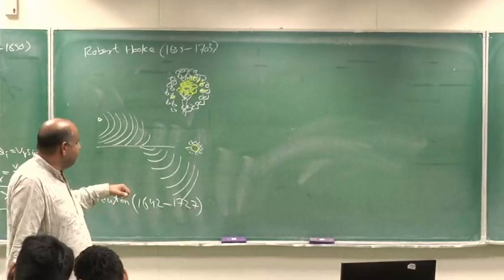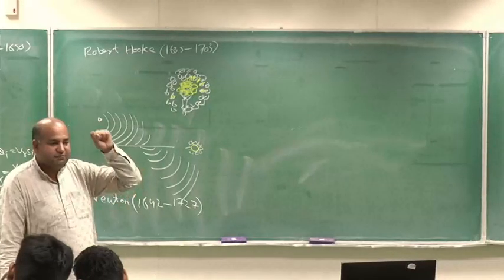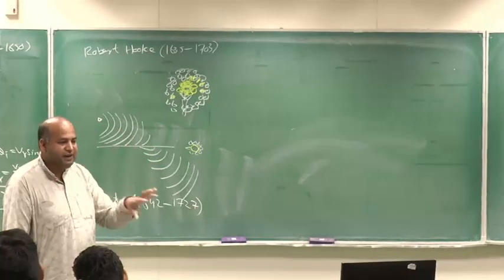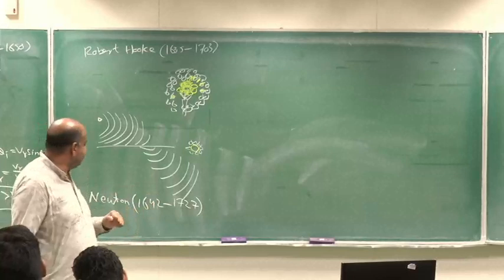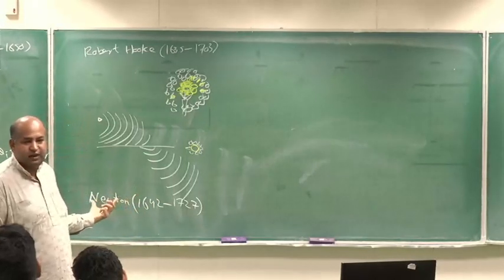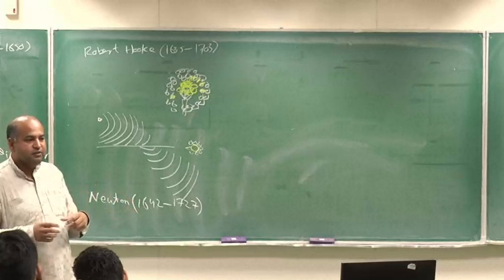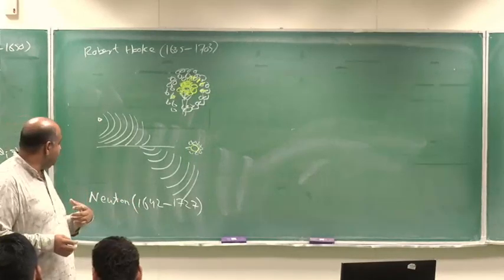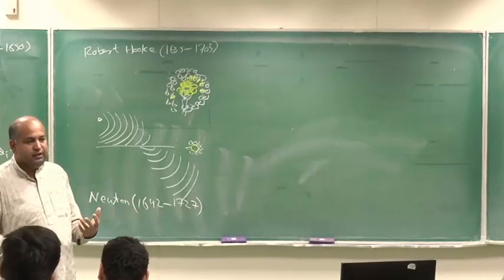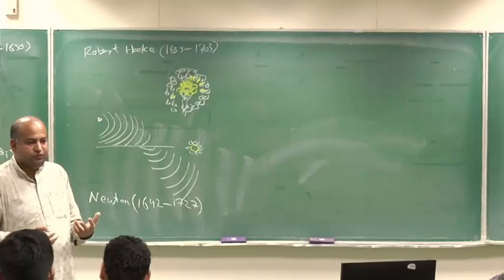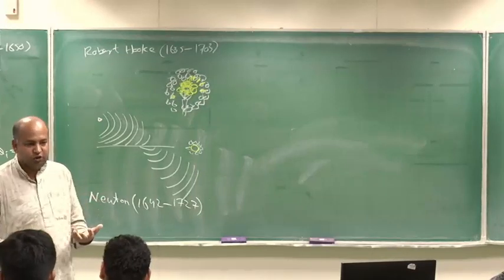He said, okay, let's not care if it is particles or waves. It doesn't matter actually. What matters is what laws light follows. And to explain those laws, we can adhere to a philosophy that tries to explain those laws.